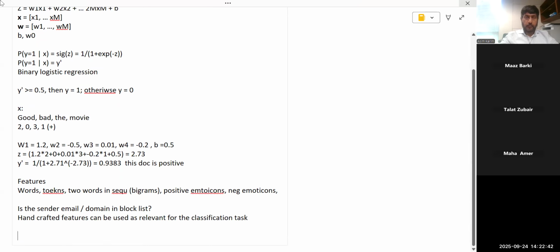Okay, so let's talk about learning. So where do we get the parameters from? So remember, in the last lecture we said we usually have a training data, a data set, xi, yi, where i is equal to 1 to n.